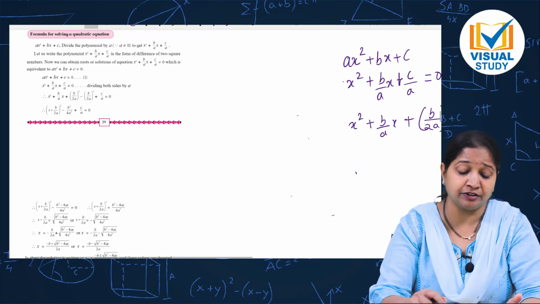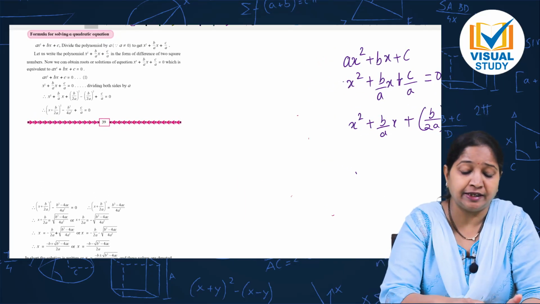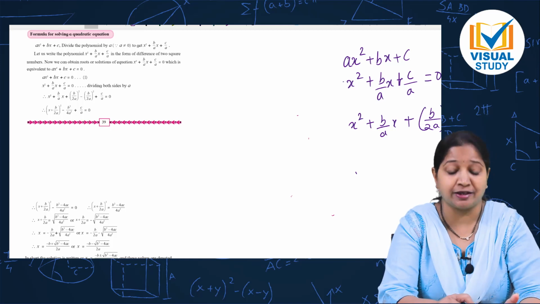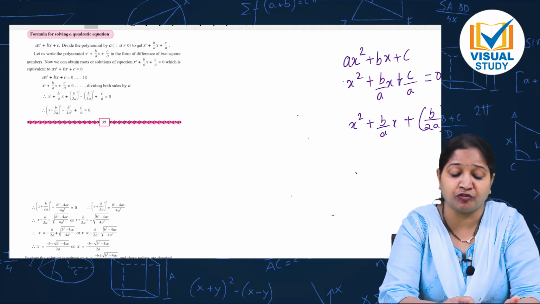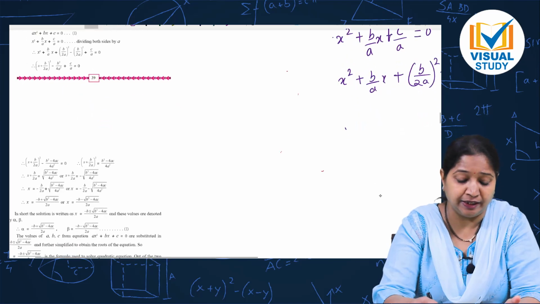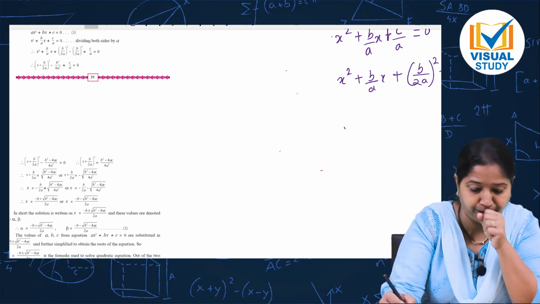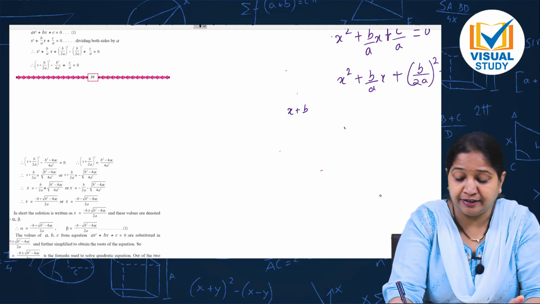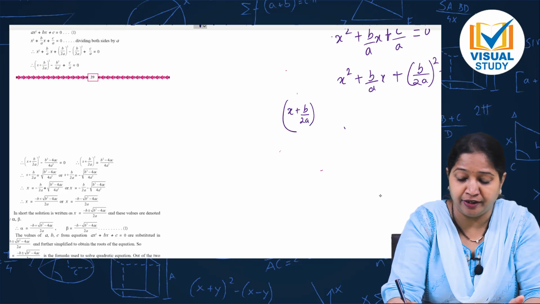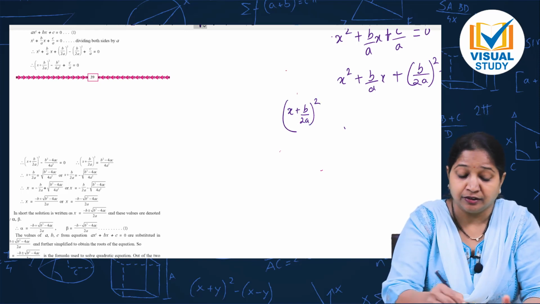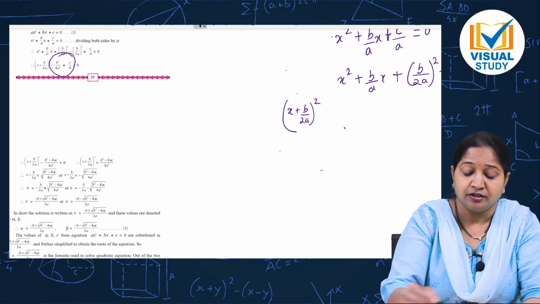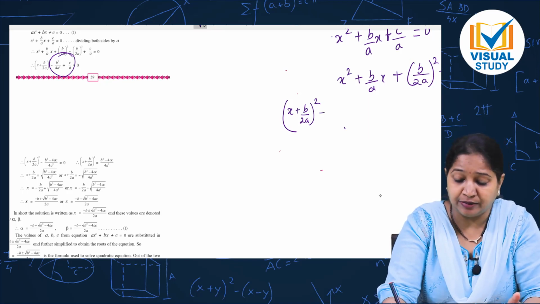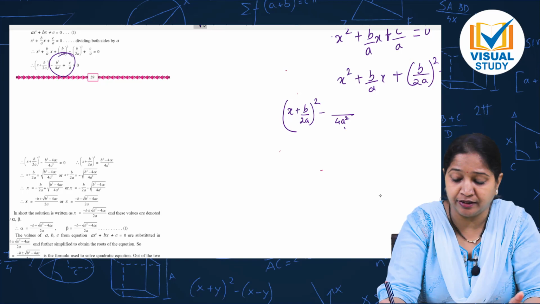See here, it is given in your textbook also. You'll get x plus b upon 2a whole square minus b square upon 4a square plus c upon a equal to 0. Now see here, we can take out the LCM, that is 4a square.